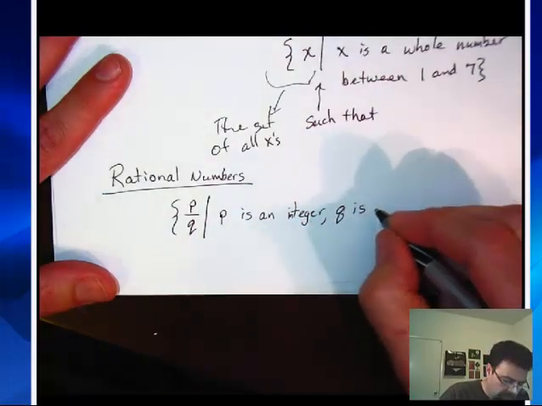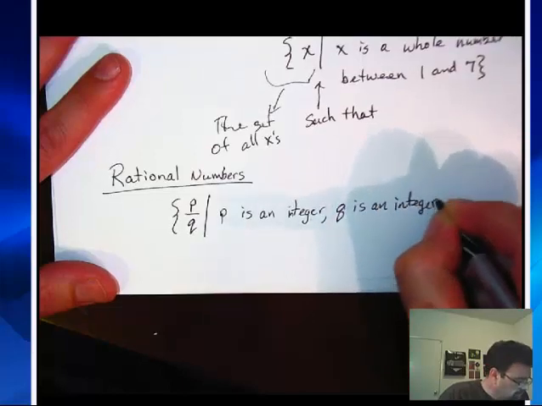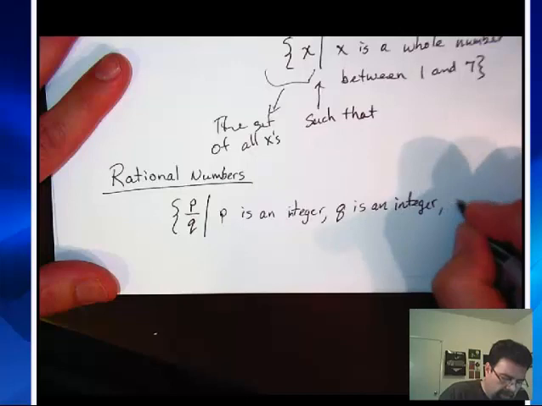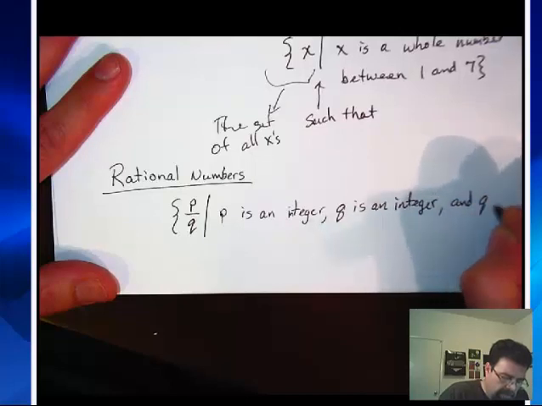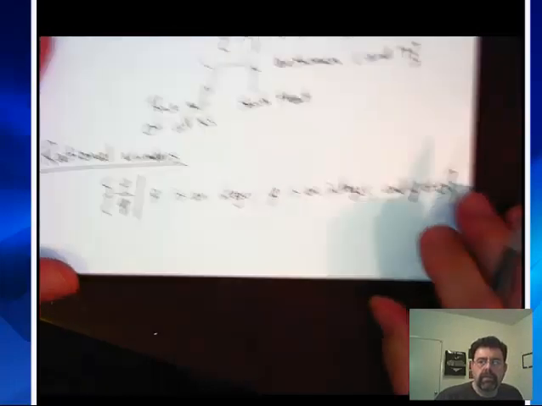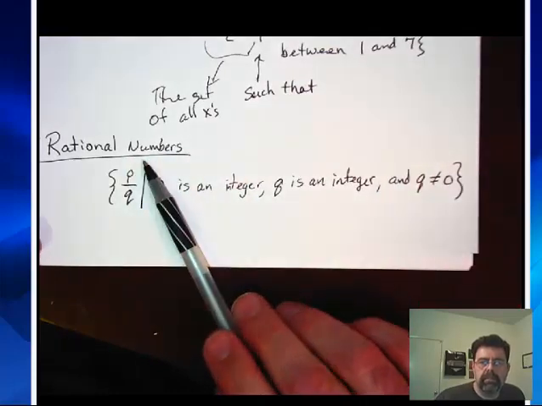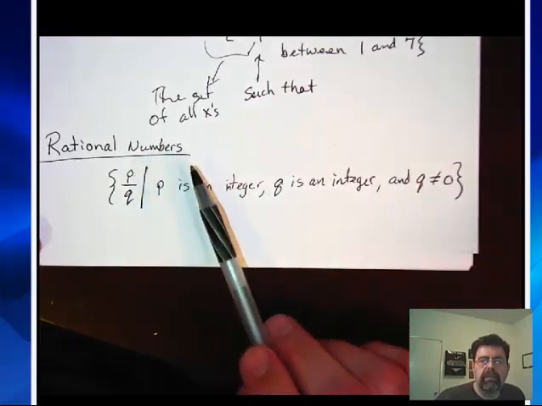Normally I write p and q are integers, but this is okay. And q is not allowed to be 0, because we know that anything divided by 0 is not a number. It's undefined.